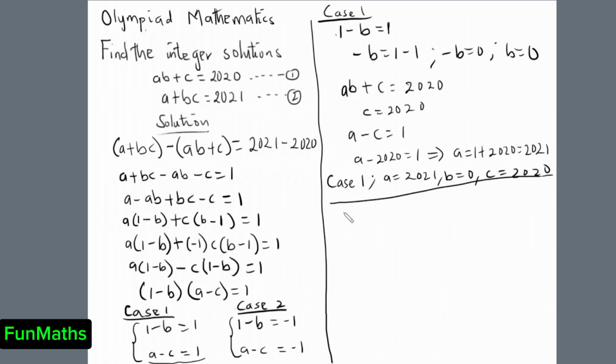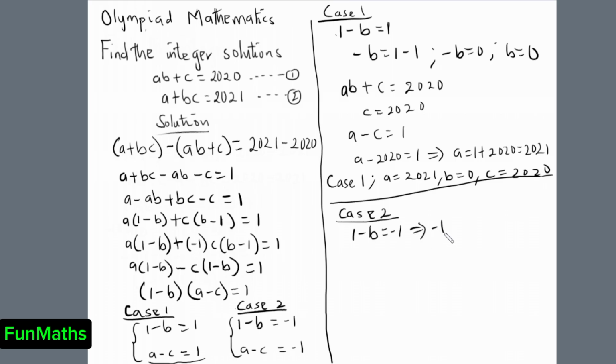Now let's look at case 2. To solve for case 2, we're going to use 1 minus b equals minus 1. Take 1 to the right hand side.